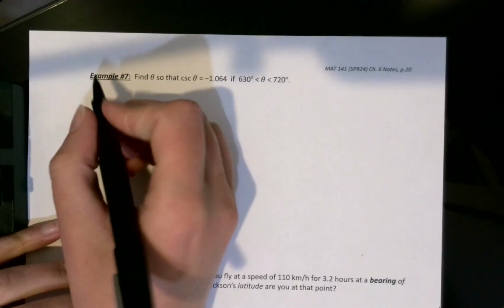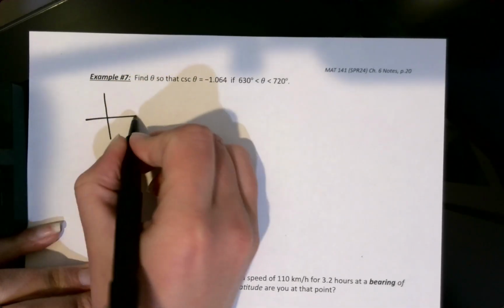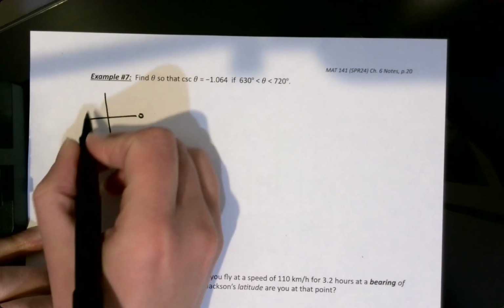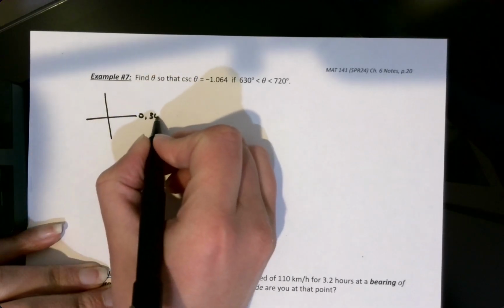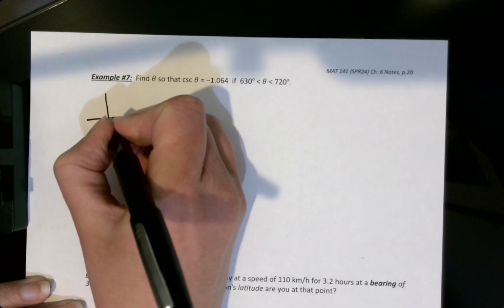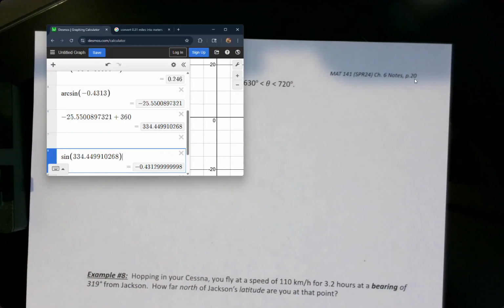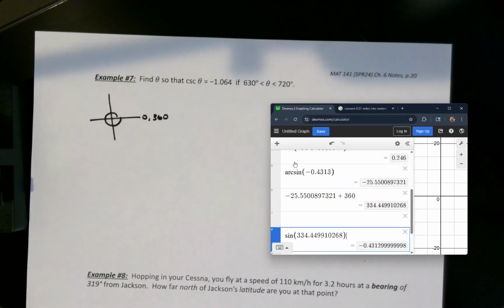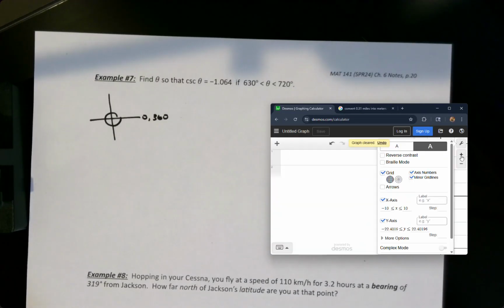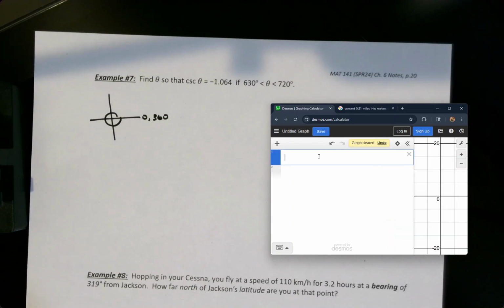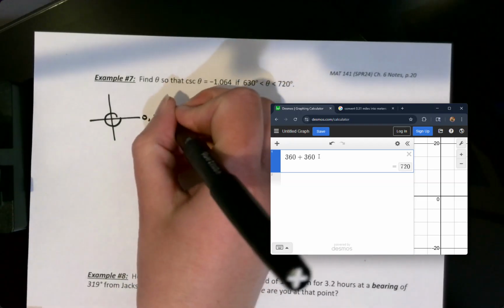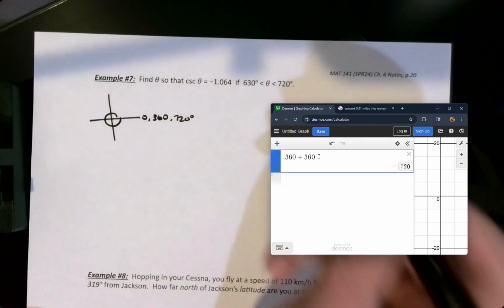So let's think about how big that angle would have to be. We've got 0, 90, 180, 270, 360. So we know we've already spun around once. Then let's just keep adding. If we spin around twice, 360 plus 360, would be 720.